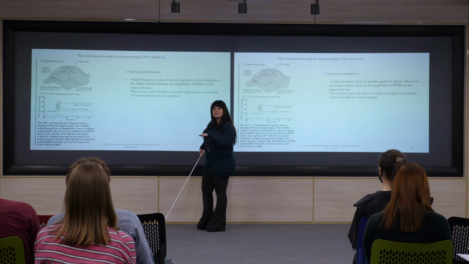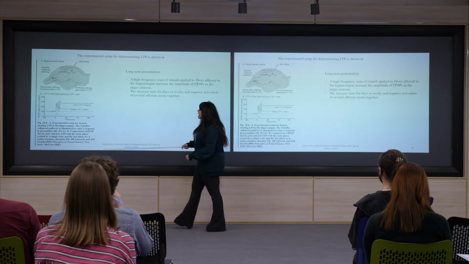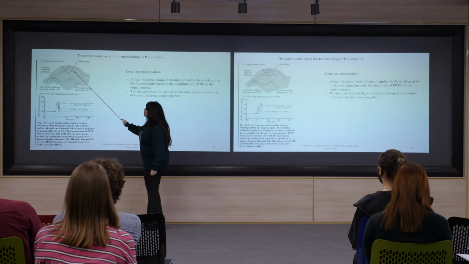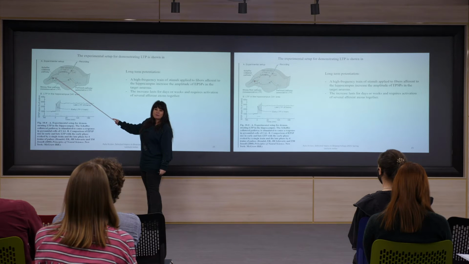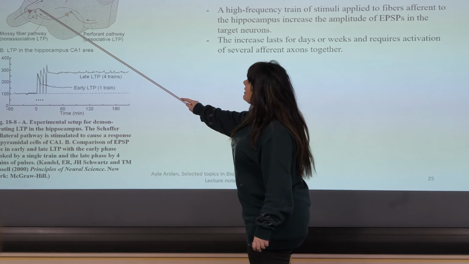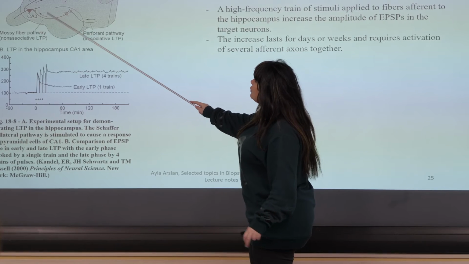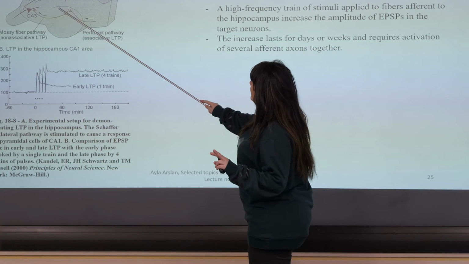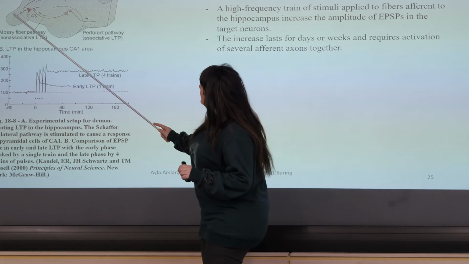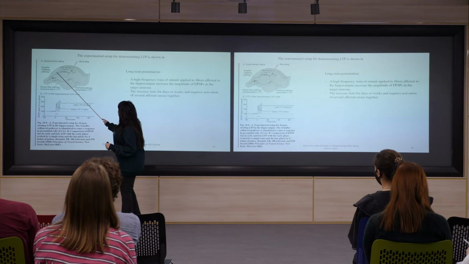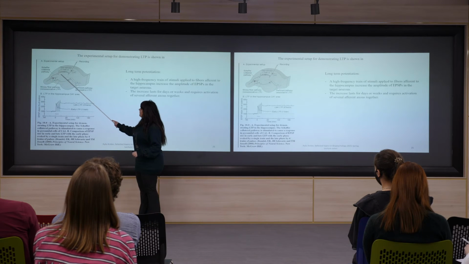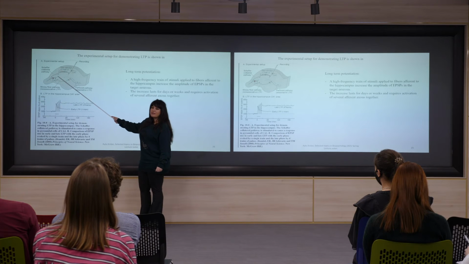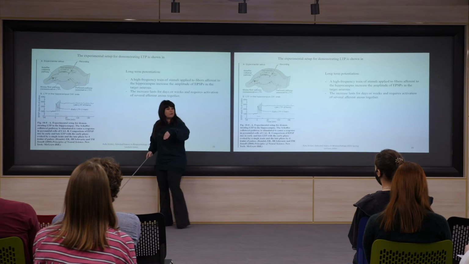they isolated the hippocampal slice, and here in the Schaffer collateral, which you remember from the previous slide, they have two electrodes. One is here, an input electrode, a microelectrode, with which they can stimulate one neuron.